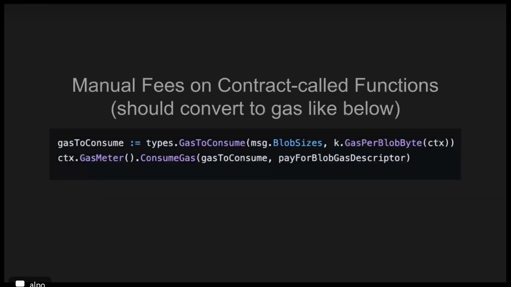And then another common foot gun is when you charge a manual fee for certain functions, especially Cosmos contract functions. Let's say, for instance, you have a contract that creates a pool, and you specifically charge a 100 Osmo fee on this pool.